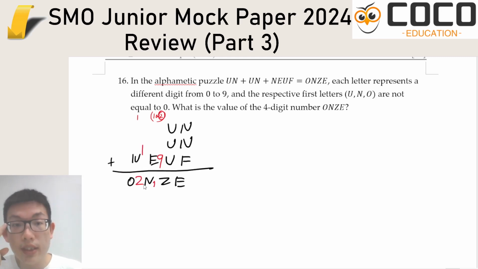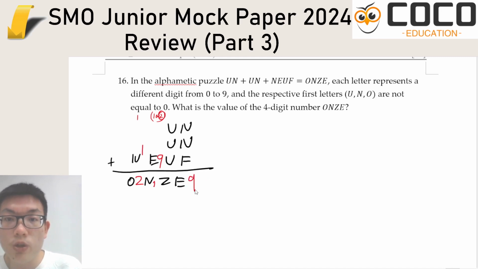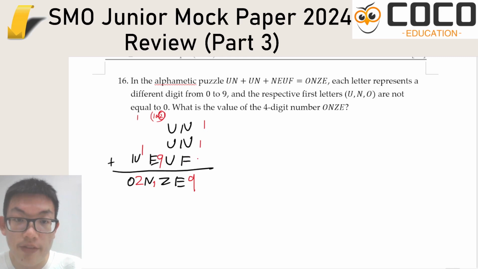Now once you have gotten this, then things are relatively simple because this is also 9. This is also 1. And so this is also going to be fixed. F is 7.